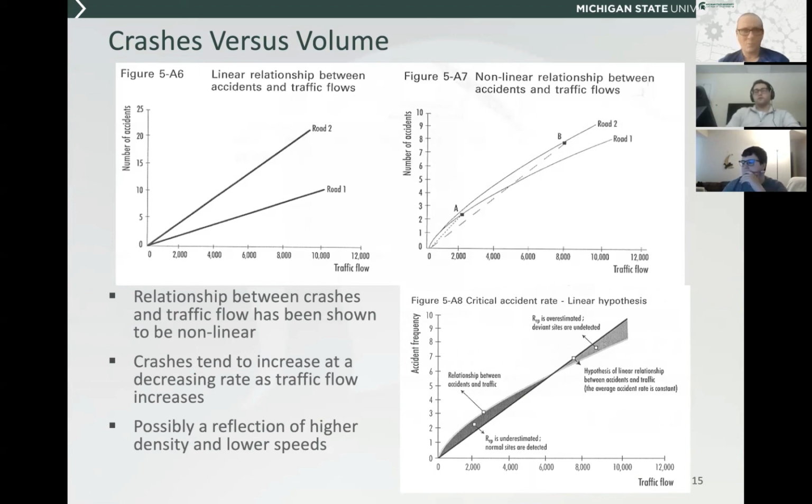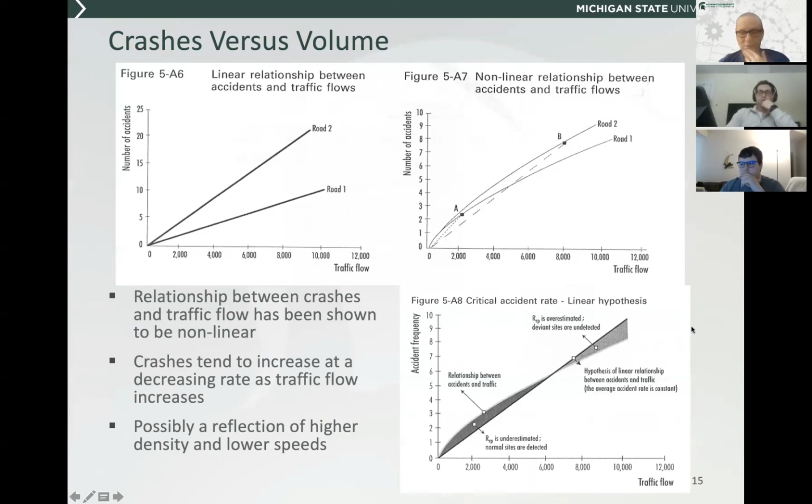So for example, in cases where we introduce some site-specific treatment, we expect that crashes would go down, and we tend to select those sites for that treatment at a high point in the cycle. In contrast, if we're looking at the speed limit increase example, we tend to select sites that have a relatively low crash experience because we're concerned that those speed limits may increase crashes, and those issues could be exacerbated by any of these volume effects that come into play here as well.